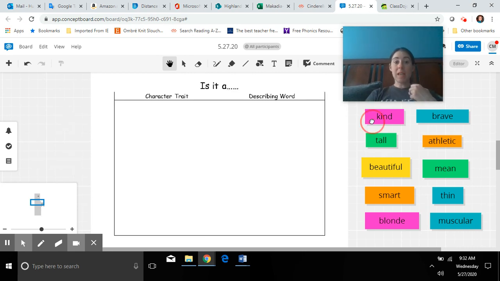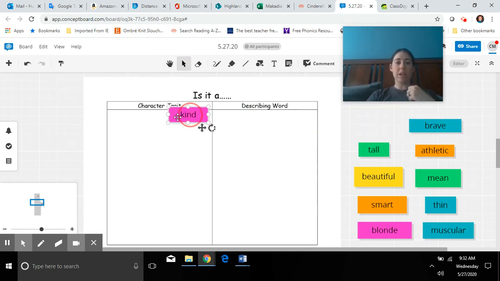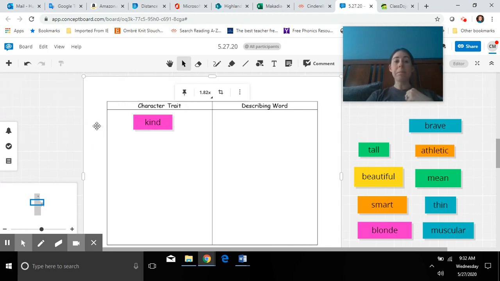So that must be a character trait. Good. So I'm going to put that word here under character trait. Now at home, you don't need to be writing these down. This is just a review for our brains to remember what these words are. Okay?